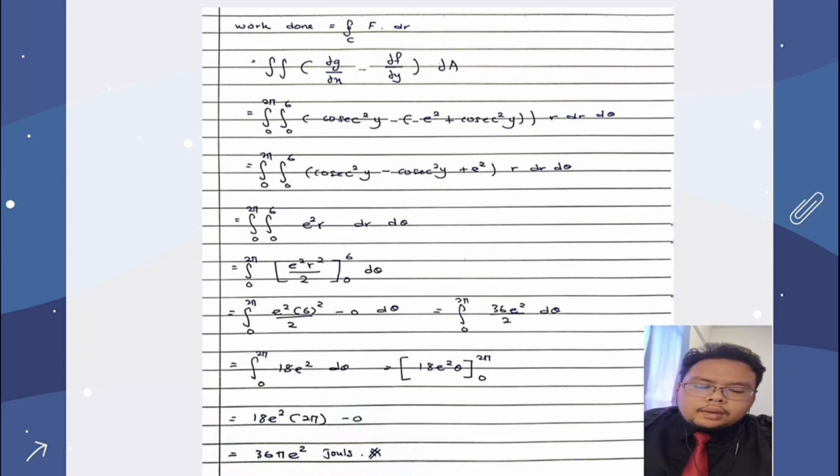From there, we only need to integrate as usual with respect to dr d theta with the limits of 0 to 6 and 0 to 2 pi. In the end, we get the answer 36 pi squared joules as the work done.